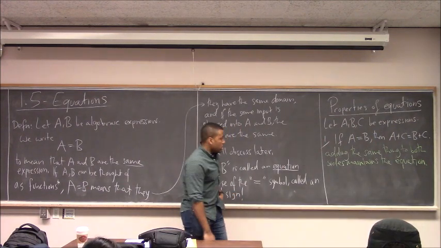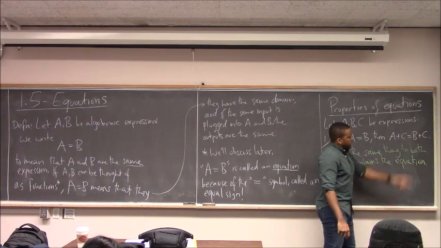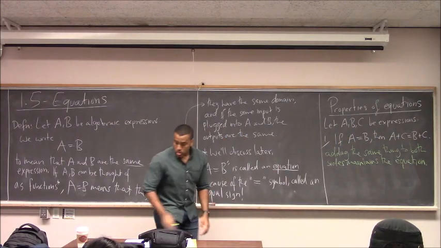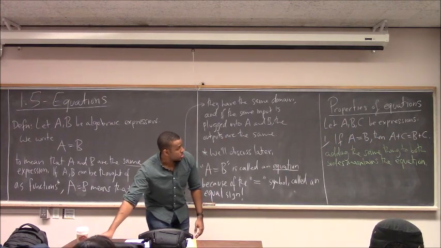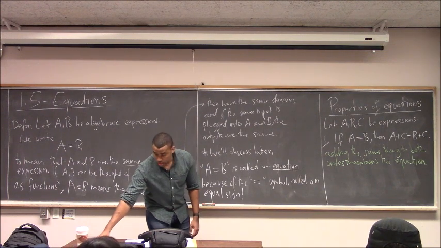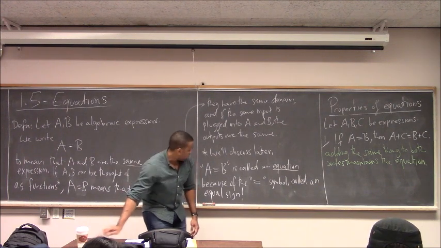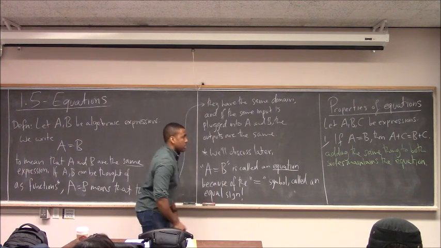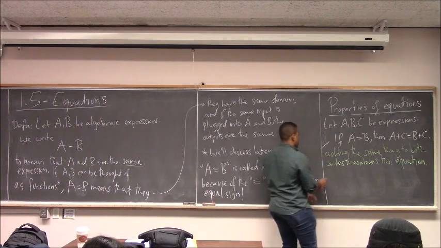And in particular, the solution set will be the same. So we can add the same thing to both sides of an equation, and the equation will be maintained. And we might do that to simplify things and put the equation in a more convenient form.